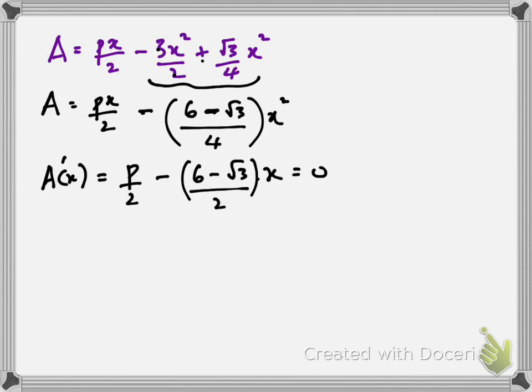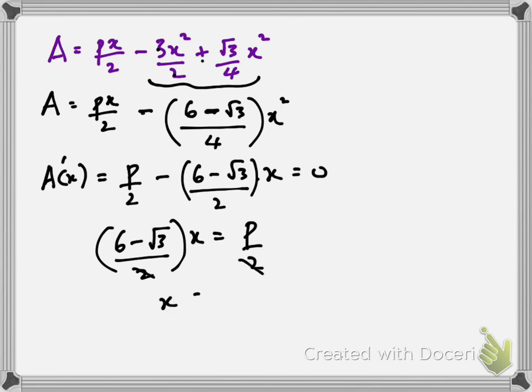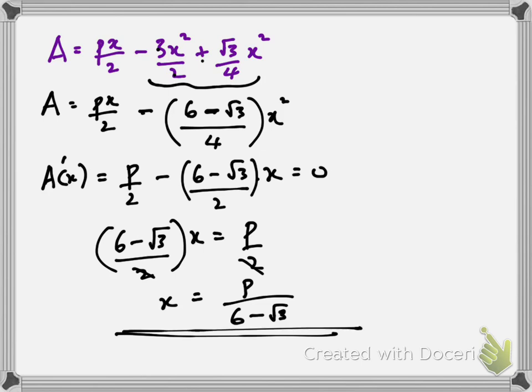Okay, so if you move that to one side, you end up with 6 minus root 3 over 2 x equals p over 2. The 2 cancels, and you end up with x equals p over 6 minus root 3. Sorry, 6 minus root 3. All right, and that's it.